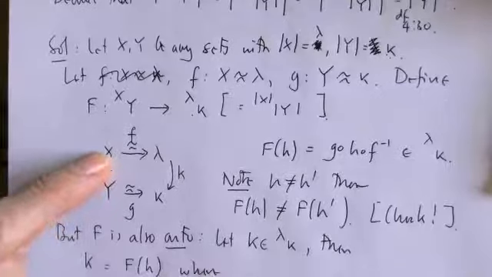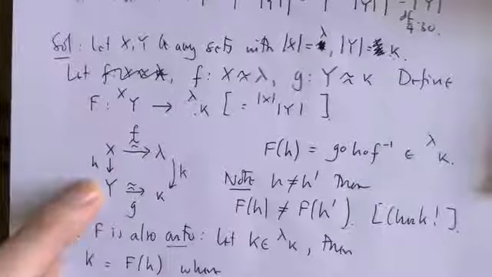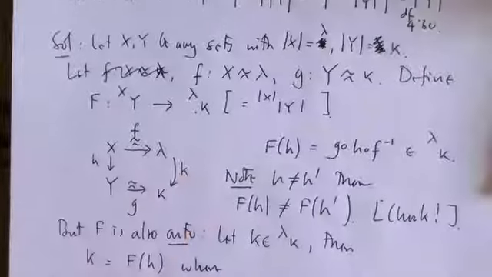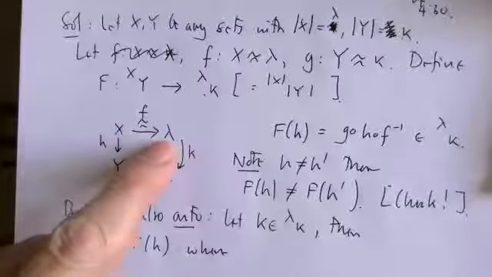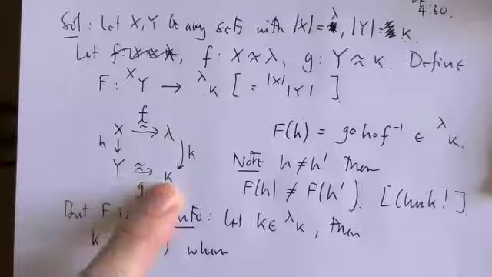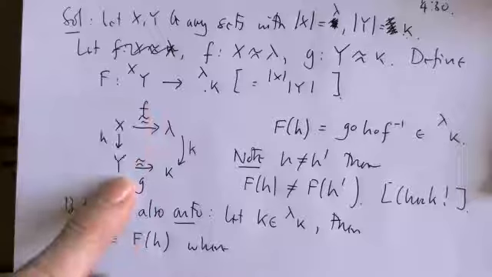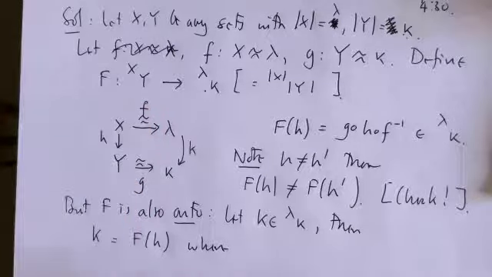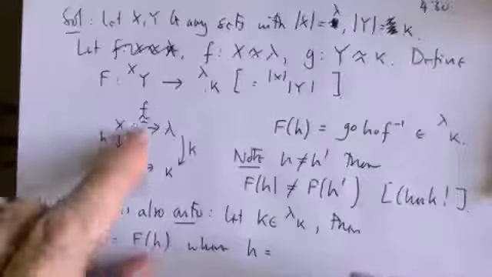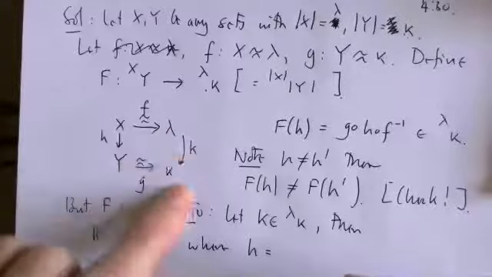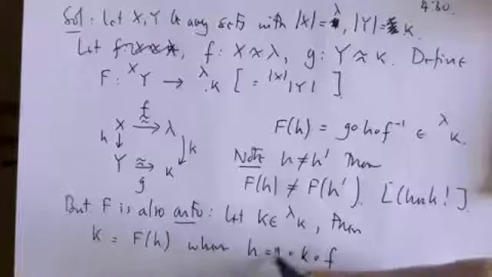Well, what do I want? I want a function from x to y, an h here that's going to go over to this k. So I could just take something in x over by f to lambda, I apply k, and then I apply g to the minus 1. These are bijections, so there's no problem with domains and ranges. So I'll let h be the function I just described: first f, then k, then g to the minus 1.